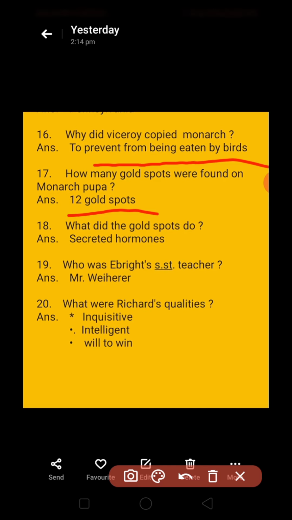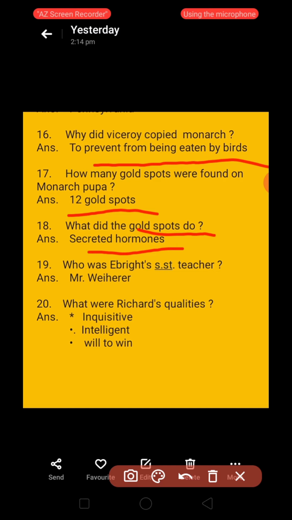The next question is number 18. What did the gold spot do? I have already discussed the answer in question number 7. This gold spot of the butterfly secretes hormones, which are very important for the overall growth of butterflies.